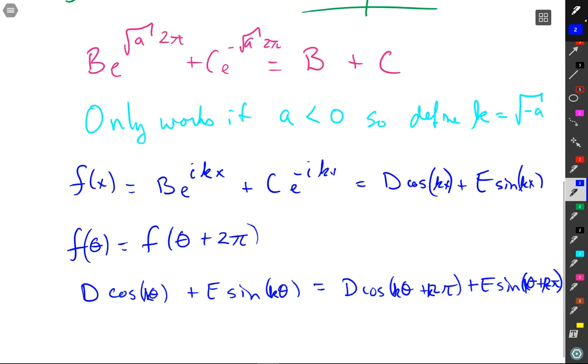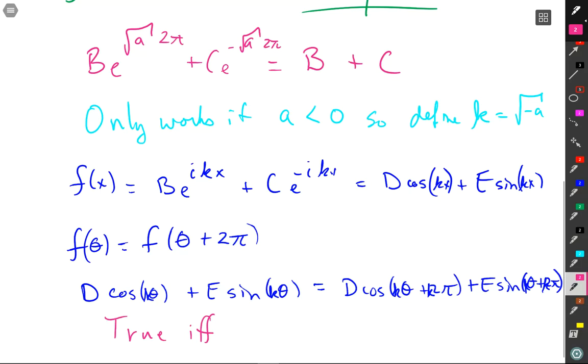So how can this be true? True if and only if, what's the periodicity of cosine and sine? 2 pi.